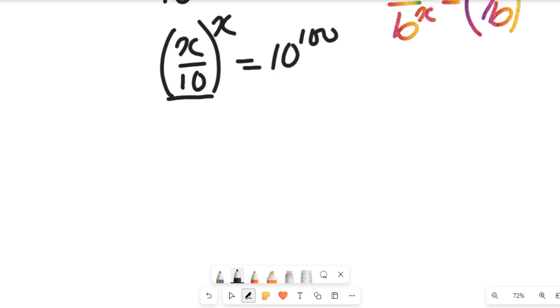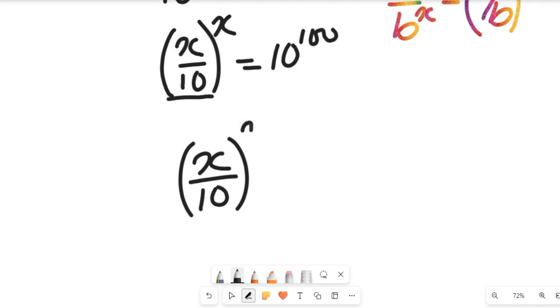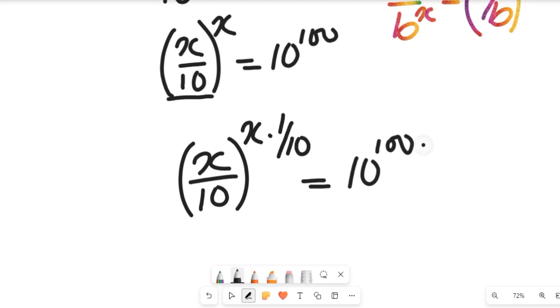Now let's try that. We'll have x divided by 10, all to the power of x multiplied by 1 divided by 10, and this will be equal to 10 to the power of 100 multiplied by 1 divided by 10.